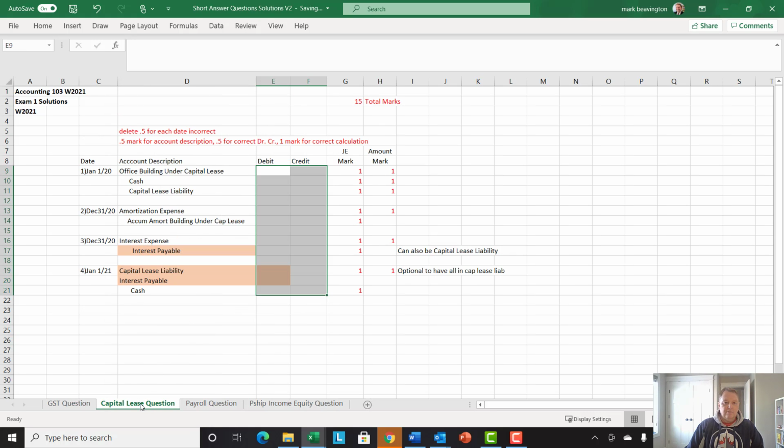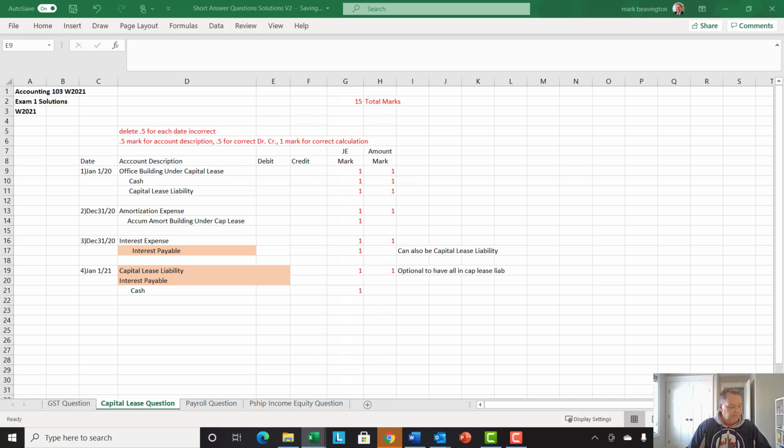On to the capital lease question. Now, the capital lease question is a good one. Not super complicated, but you had to know that you needed to set up the asset. So this is the Goldman Corporation, signed an 8-year capital lease on an office building. There are payments of $7,500 annually, with the first payment due right away.